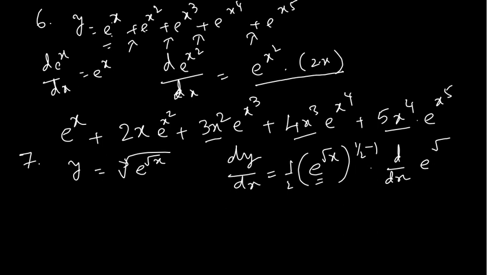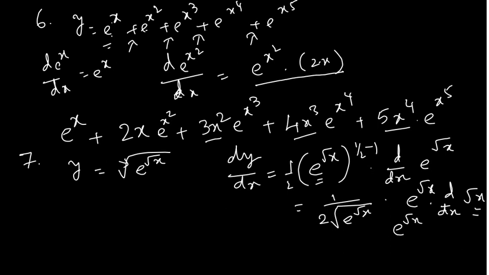So this will go, this is minus 1, so you will have 1 by 2 root e power root x for this part, and d by dx of this is e power root x and differentiation of root x. Differentiation of root x is nothing but 1 by 2 root x. So you will have e power root x divided by 2 square root of e power root x into 2 root x for this.